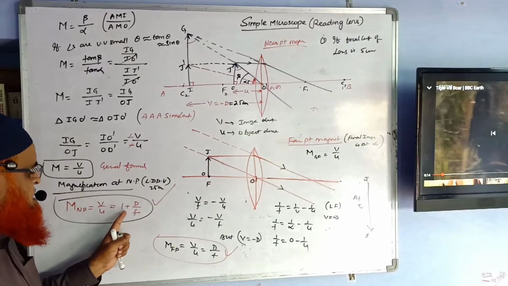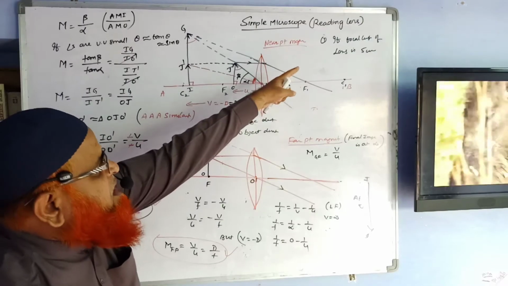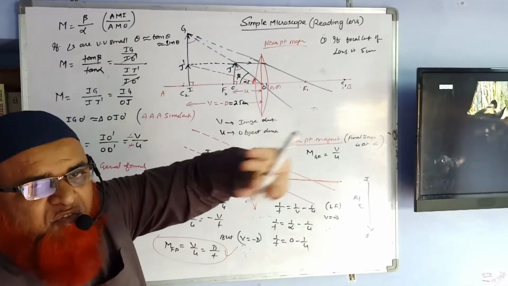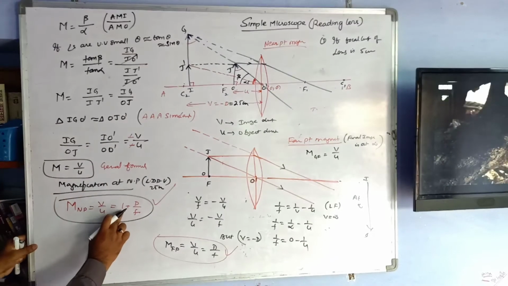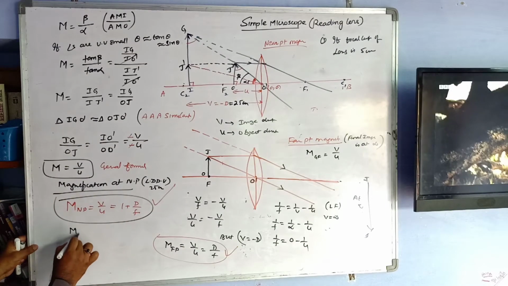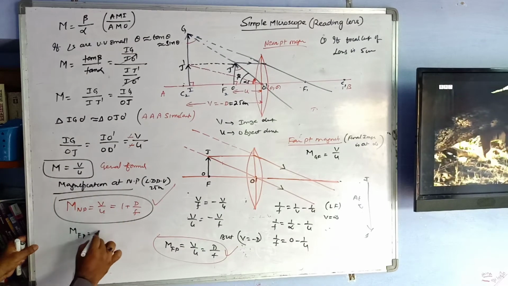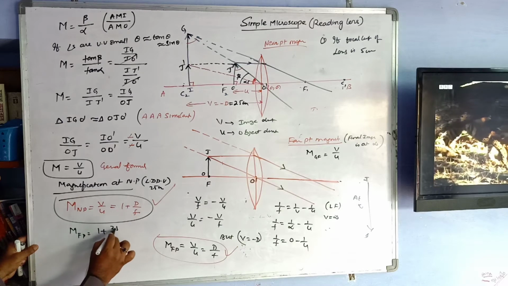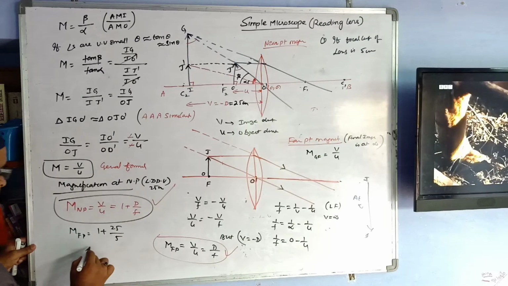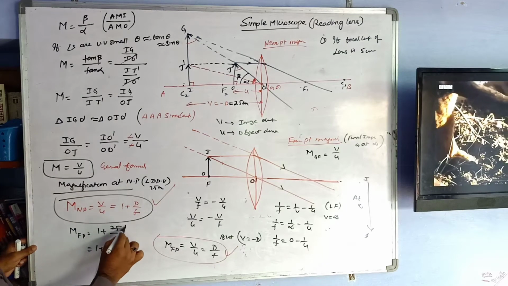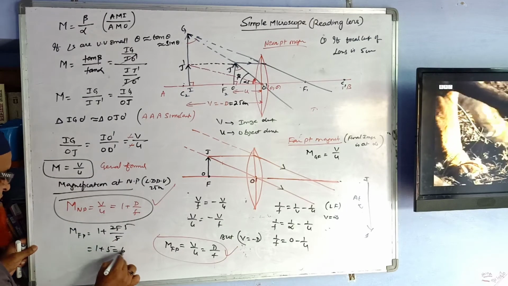For near point magnification, if he gives the focal length, the data is sufficient for us to do the problem. Why is it sufficient? Because for the near point, you just write 1 plus D by F, where D is 25 and F is 5. So I am substituting 5 directly here: 1 plus 25 by 5, that is 1 plus 5, which is equal to 6.